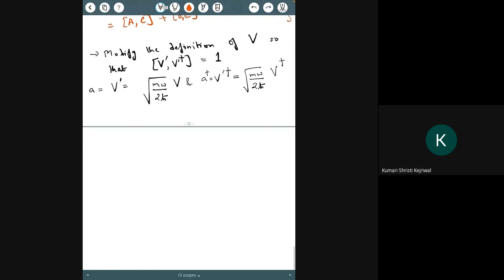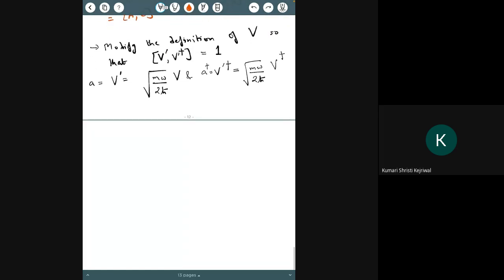Okay, so now we have modified the definition of V. We basically multiplied a constant with the V operator so that its commutator becomes 1. And these new operators, I've called them V prime, but conventionally you use the letter A. And these A's are called creation and annihilation operators. You might have heard of them, you might not have heard of them.